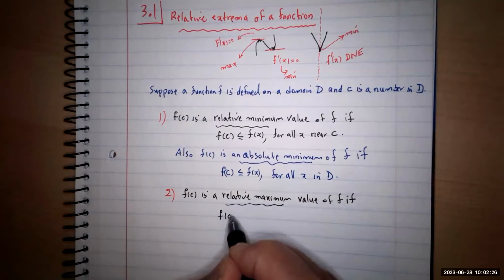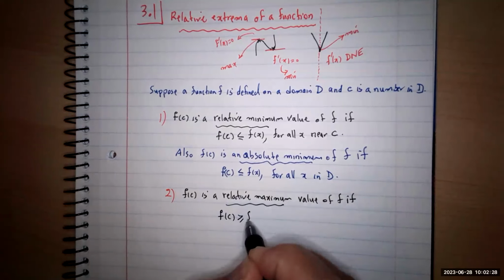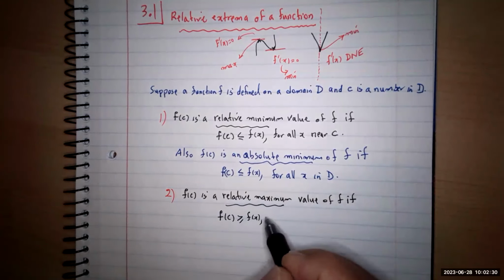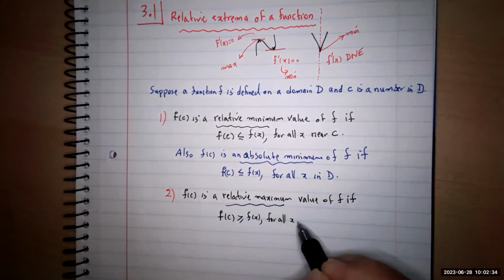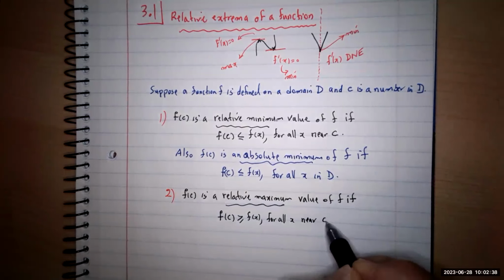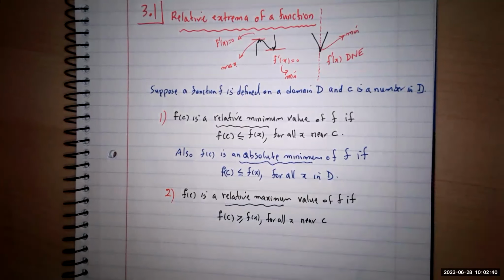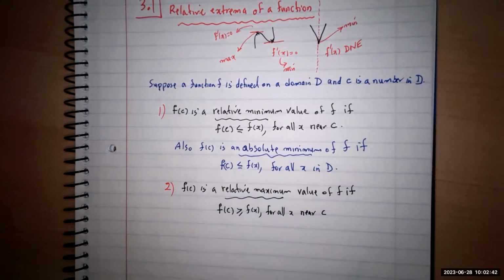So f of c is greater than or equal to f of x, but only in your area, for all x near c. So if you go to a different region, you have different minimums, different maximums. So a relative maximum is bigger than anything else, but only in a small area.